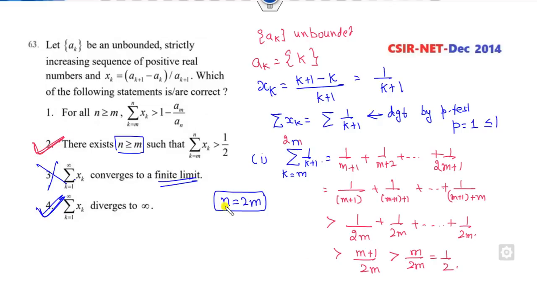Now look at this first option. Again you can think about xk, from k equal to m to n, where n is greater than or equal to m. So that's again very simple. How can I write that? If I write from 0 to infinity, I can write this number as 1 to n plus the remaining terms, which are always greater than this part.